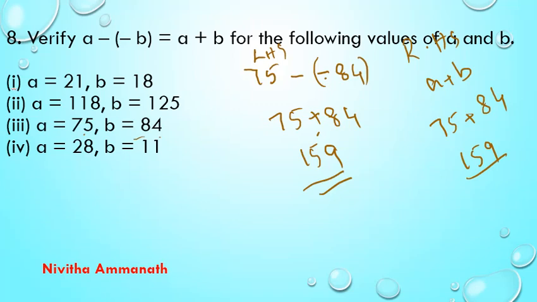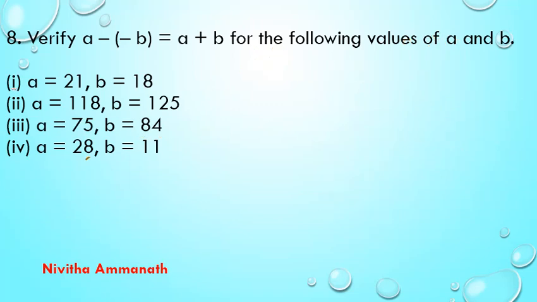Next question also, a equal to 28 and b equal to 11. How to write? 28 minus of minus 11. This side is LHS and this side is RHS. So if LHS equal to RHS, we verified the equation.